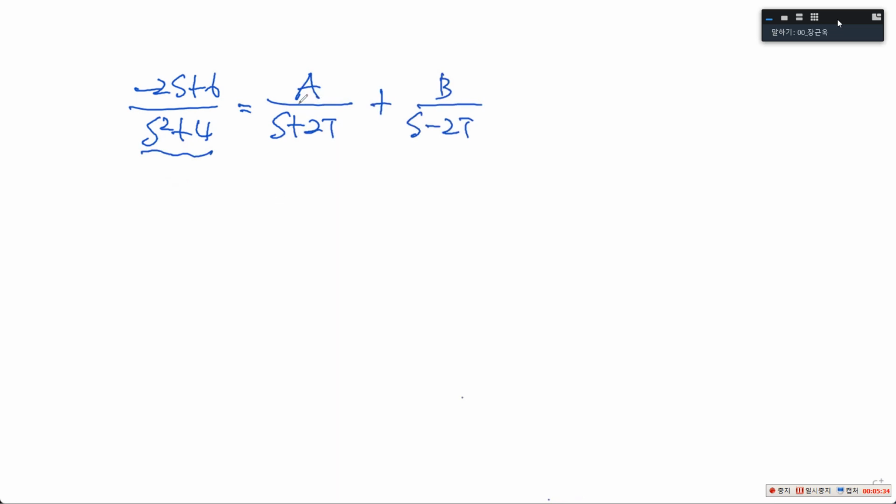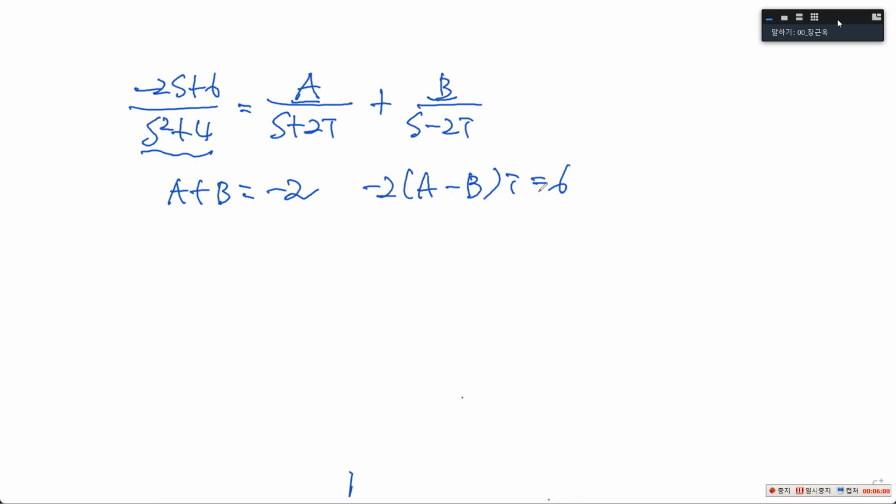And now we have to find A plus B. A plus B has to be -2. And now -2A minus B has to be, what is that? It has to be 6.